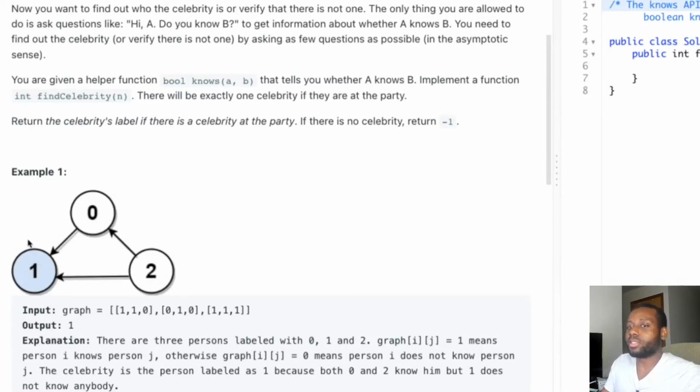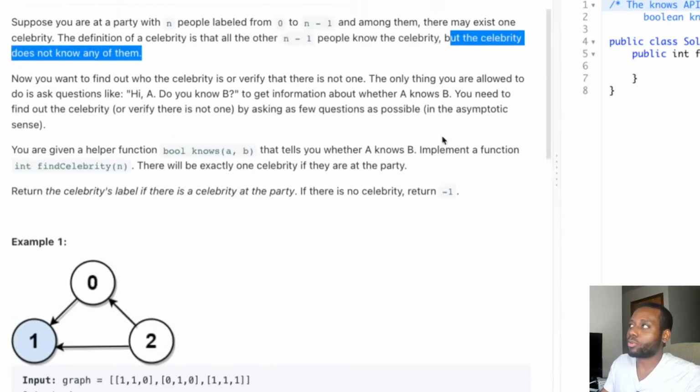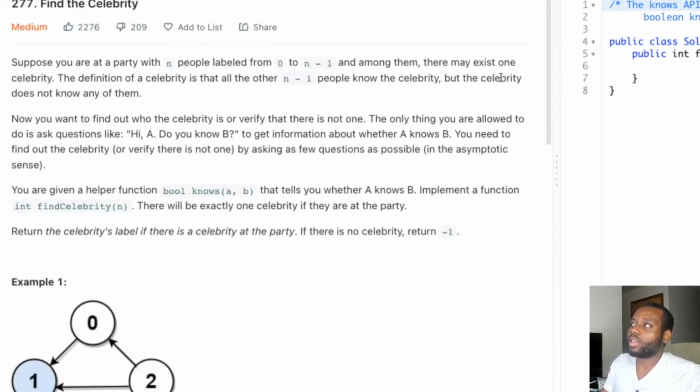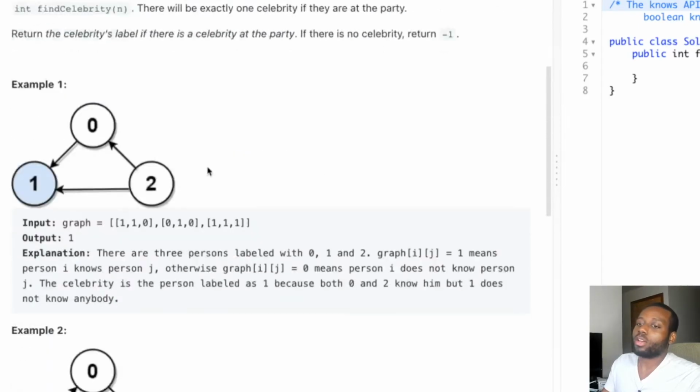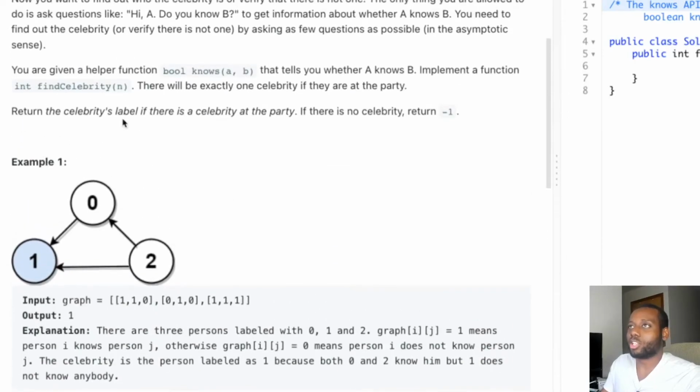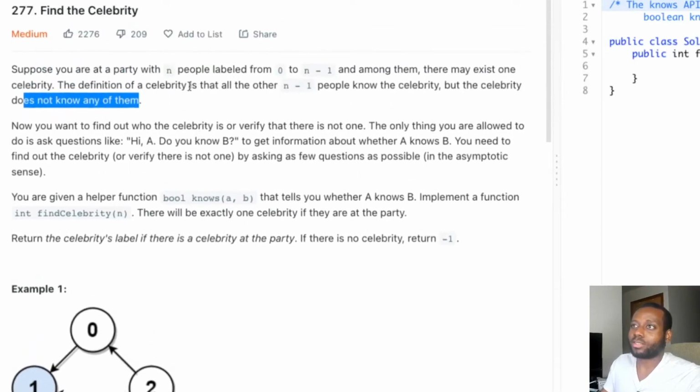So the celebrity has an out degree of 0, meaning it does not know any of them. That's the translation: a celebrity is a node with an in degree of n minus 1, and an out degree of 0.